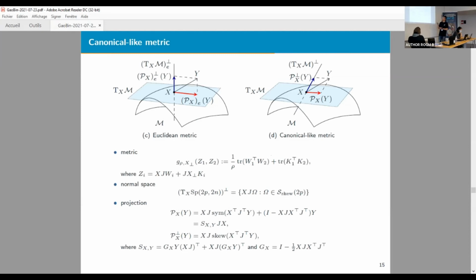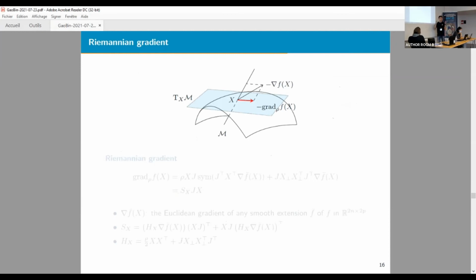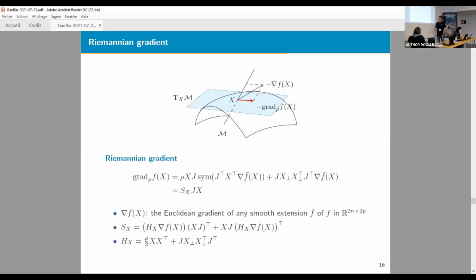So we have the metric, the tangent space, and the normal space. You can have the gradient. We're considering the optimization problem, so you have the objective function and the gradient of this function, but it is not in the tangent space. You can easily project your gradient back to the tangent space. So this is standard.